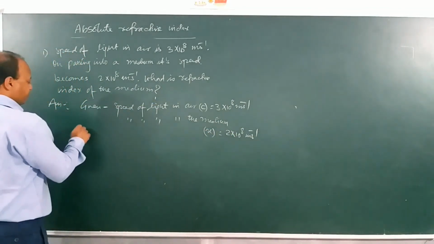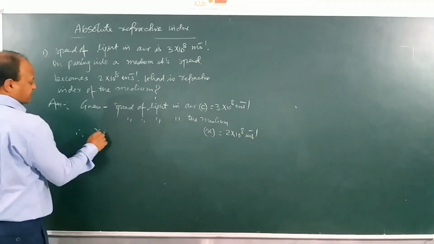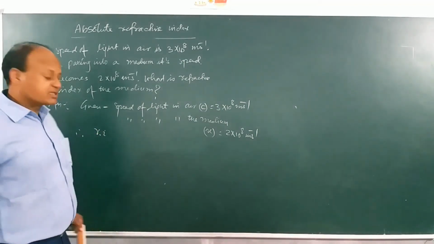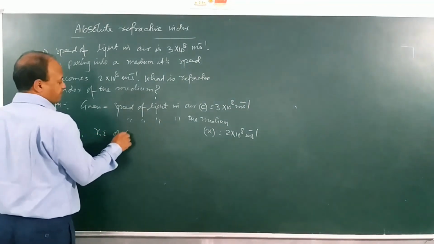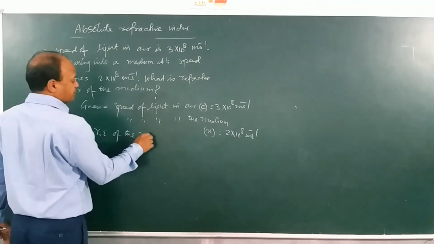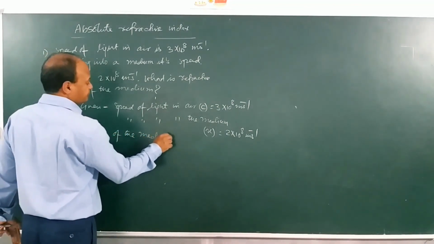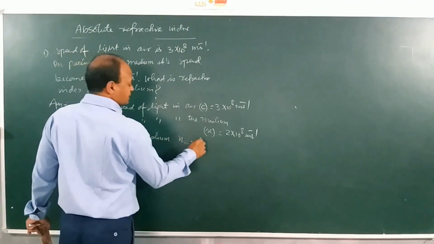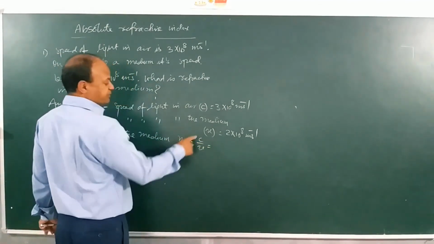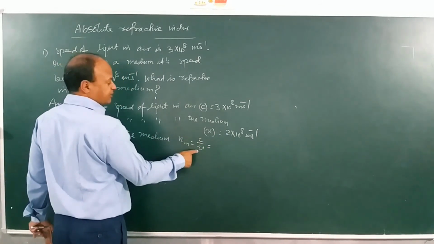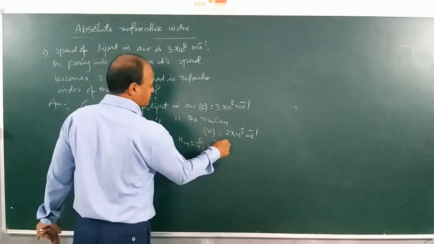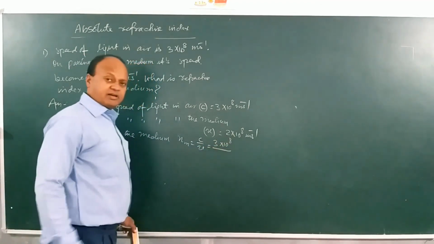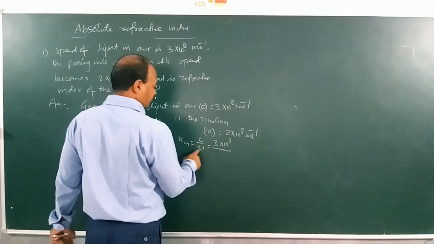Therefore, refractive index, remember every time RI is written, you will need this, refractive index of the medium, Nm equals C by V. Speed in air divided by speed in a given medium, 3 into 10 raised to the power 8 divided by 2 into 10 raised to the power 8.